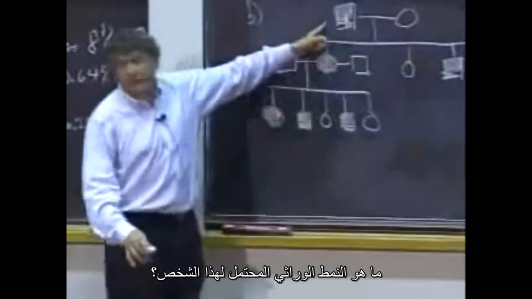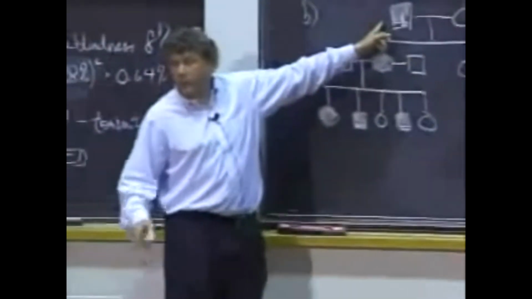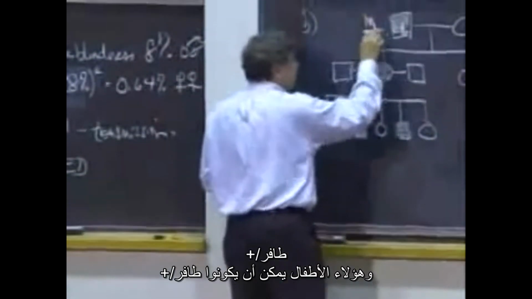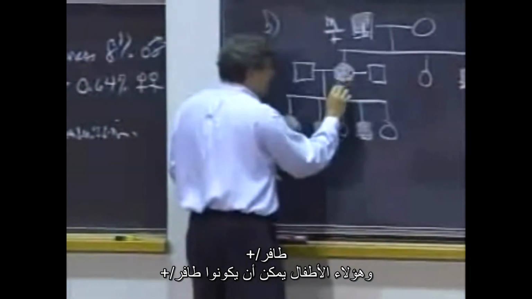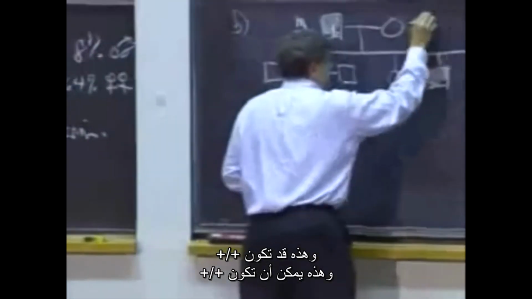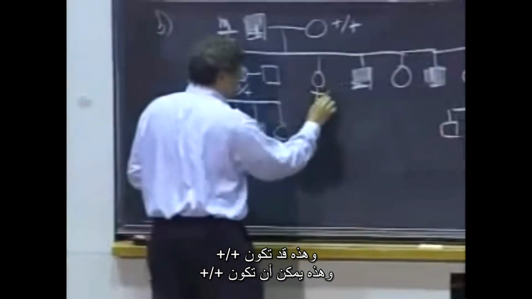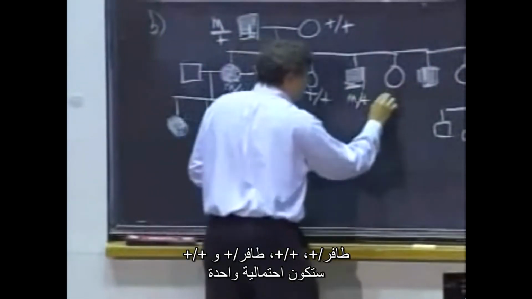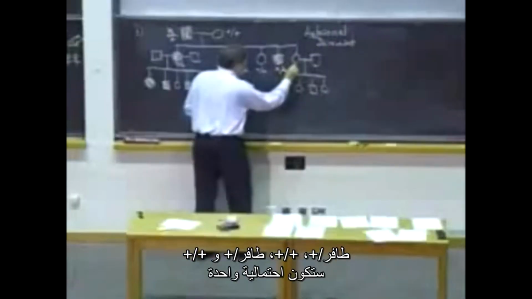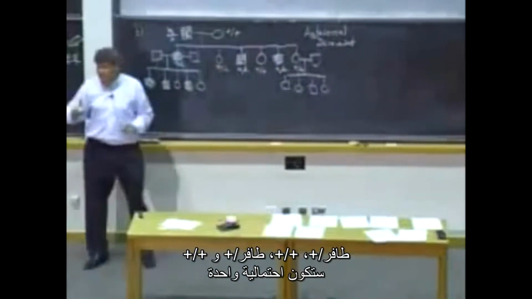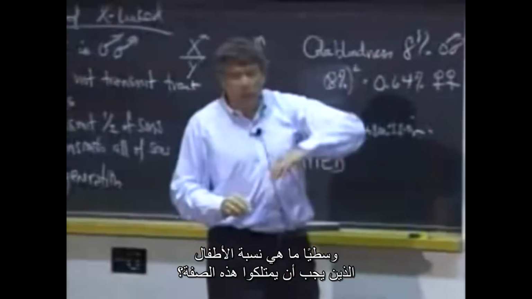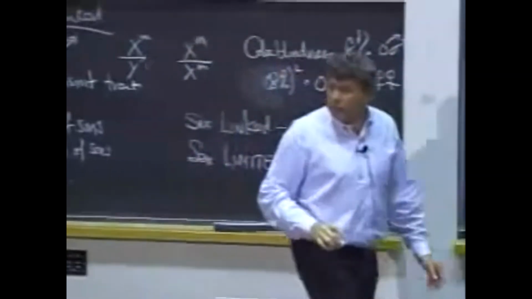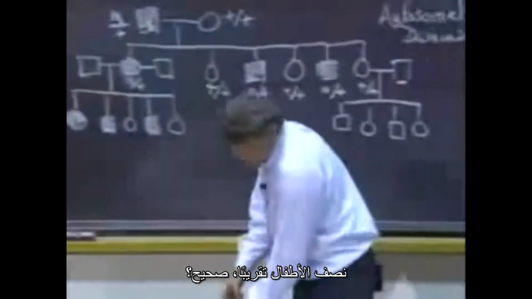What's a possible genotype for this person? Mutant over plus. And these kids could be mutant over plus. This could be plus over plus. And this could be plus over plus, mutant over plus, plus over plus, mutant over plus, and plus over plus. It would be one possibility. On average, what fraction of the kids should get the trait? About half the kids, right?